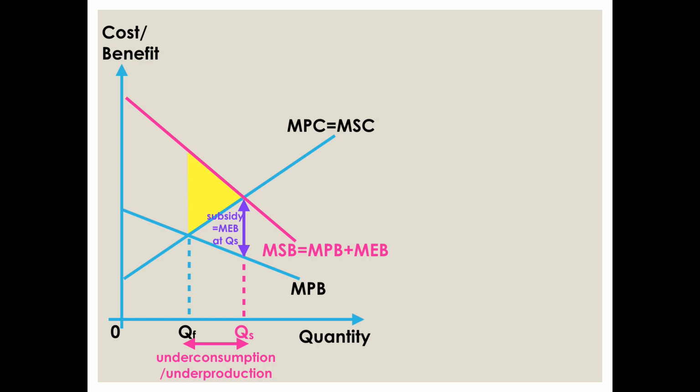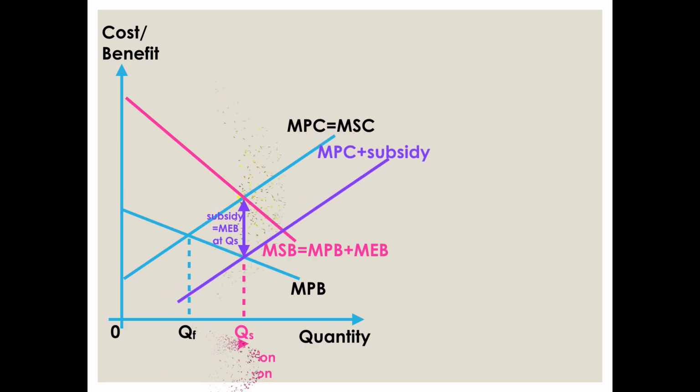A subsidy will shift the MPC curve, not the MPB curve. So in this case, the subsidy lowers the MPC by this amount. If the subsidy is equivalent to the MEB at QS, the MPC will now be lowered to MPC plus subsidy.